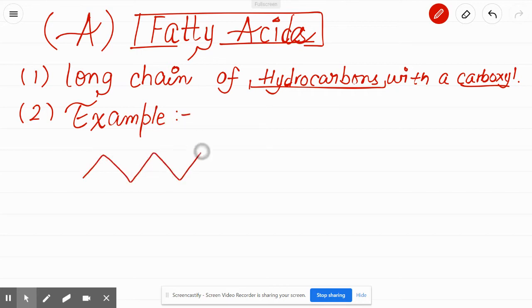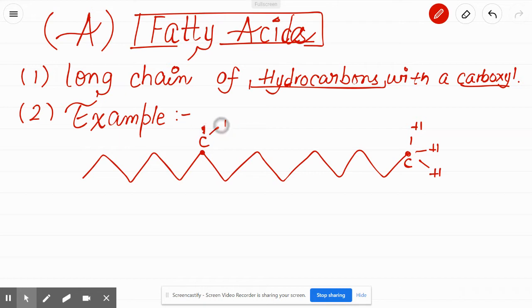And you will just draw a long chain like this, showing the carbon and hydrogen. This basically stands for carbon. And there are 3 hydrogen atoms here, whereas each one of these is going to have 2 hydrogen.